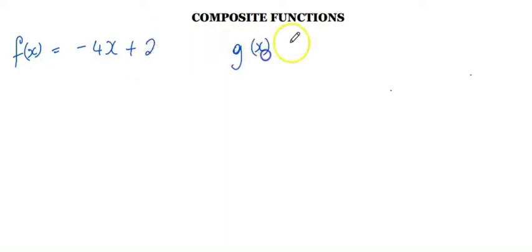For our next question, let us say we have f of x is equal to negative 4x plus 2, and we have g of x equals the square root of x minus 8. In this case, they're asking us to find g of f of x.